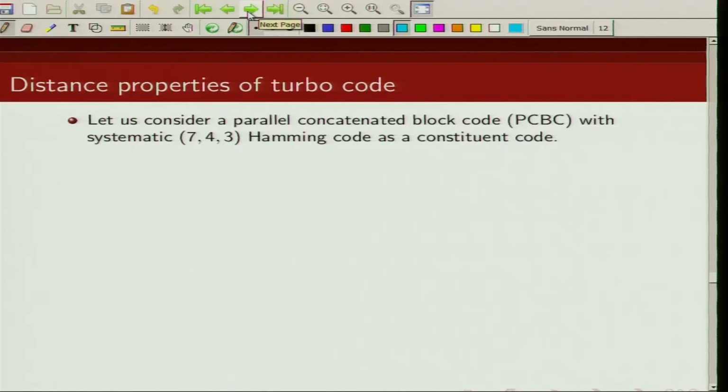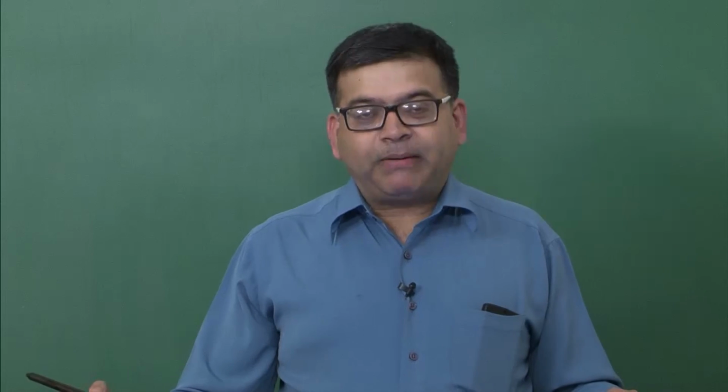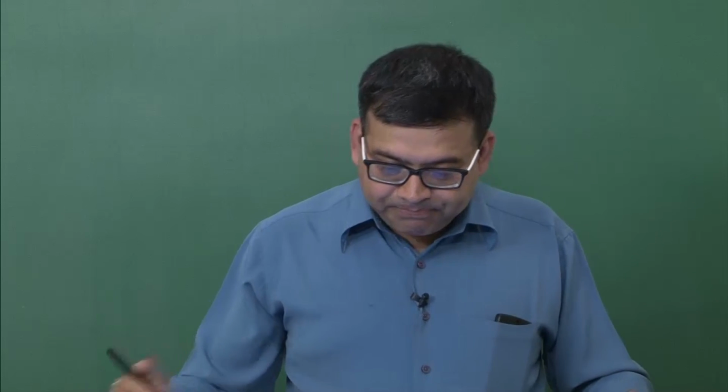This time we are going to use our favorite 7/4 Hamming codes as constituent encoders. We are going to use a 7/4 Hamming code as a constituent encoder for the turbo code, and both constituent encoders use the 7/4 Hamming code. So we are basically constructing a parallel concatenated block code.